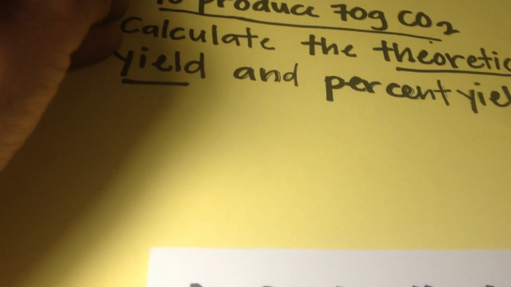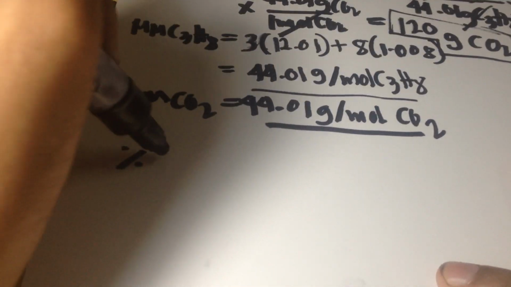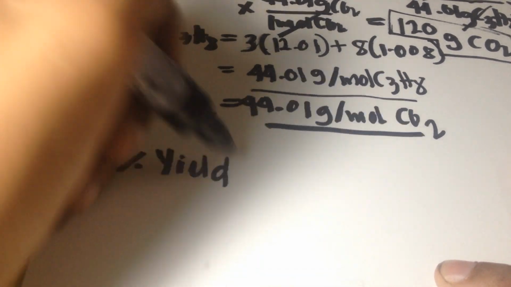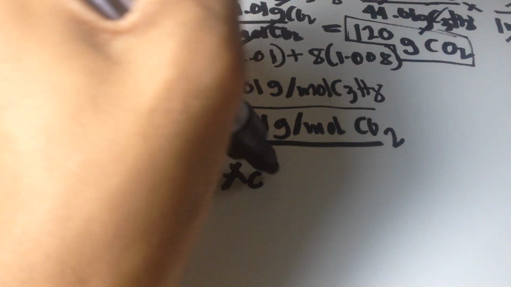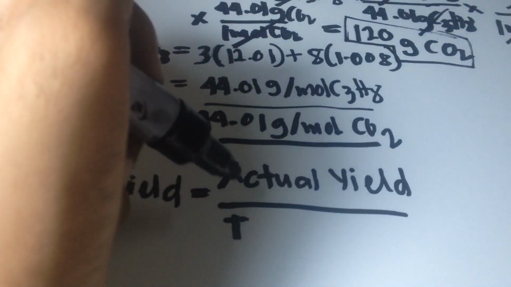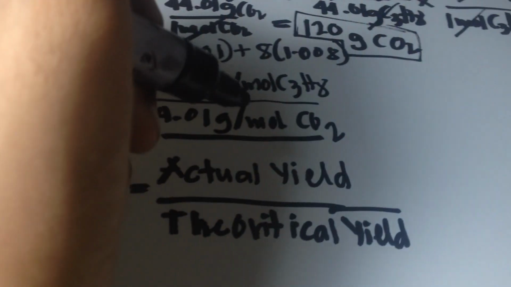And how about your percent yield? Percent yield, this is the formula of percent yield: actual yield over theoretical yield, times 100%.